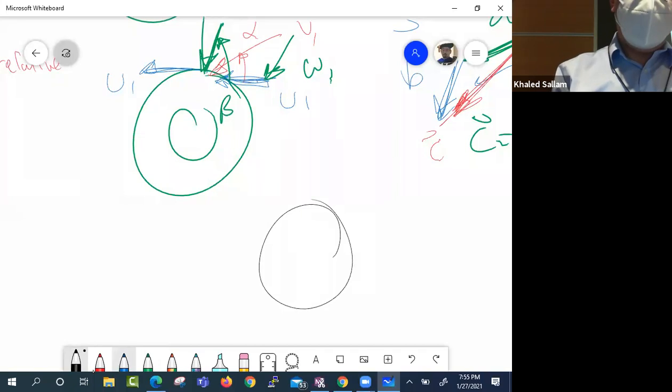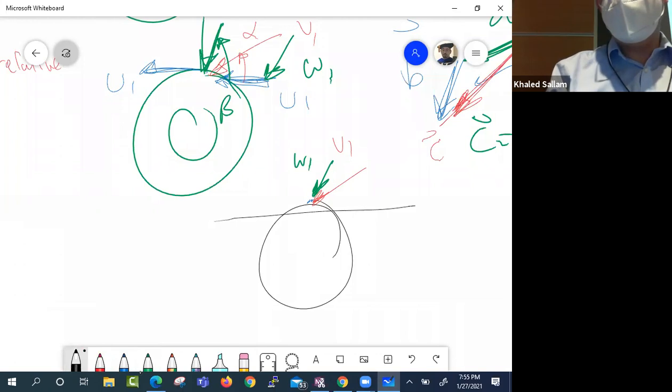If I have an impeller like this, here is my V1, here is my W1, and this is the tangential direction.